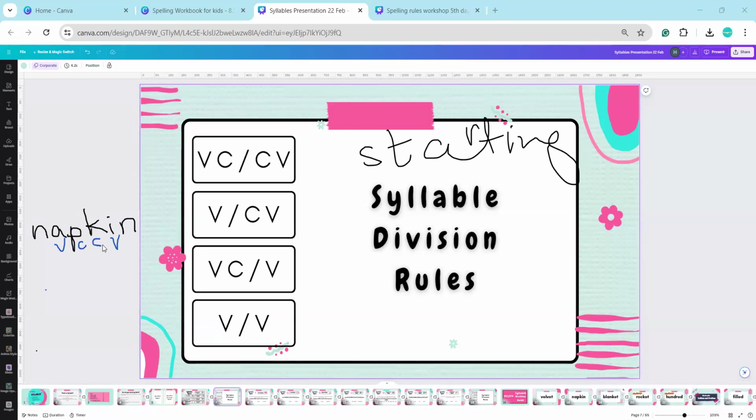Single consonant, oh sorry, two consonants. If you have VCCV, break the word from the middle and read the word. Napkin. And this is your starting point. This is the point from where you will start giving them exercises or worksheets for syllable division.